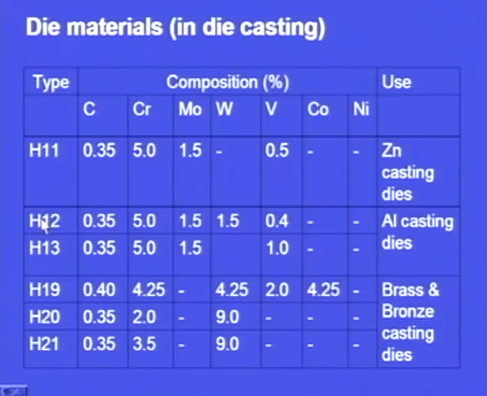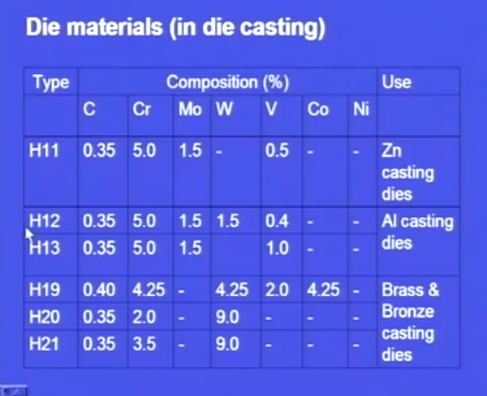And the composition of the H11 steel is carbon 0.35%, chromium 5%, molybdenum 1.5%, vanadium 0.5%. This die material is used to make zinc castings. For making zinc castings, we use this die material.